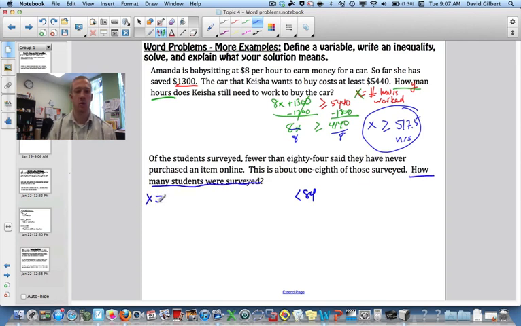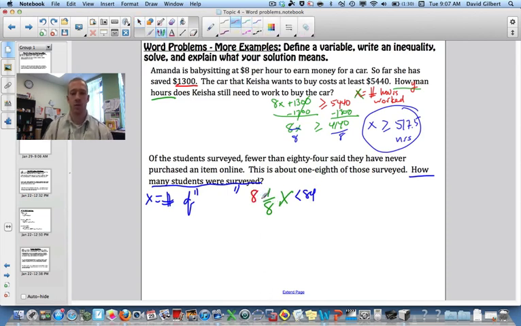So we're going to let x equal the number of students surveyed. Alright, and it says this is about 1/8. So 1/8 of those surveyed, so 1/8 x has to be less than or equal to 84.